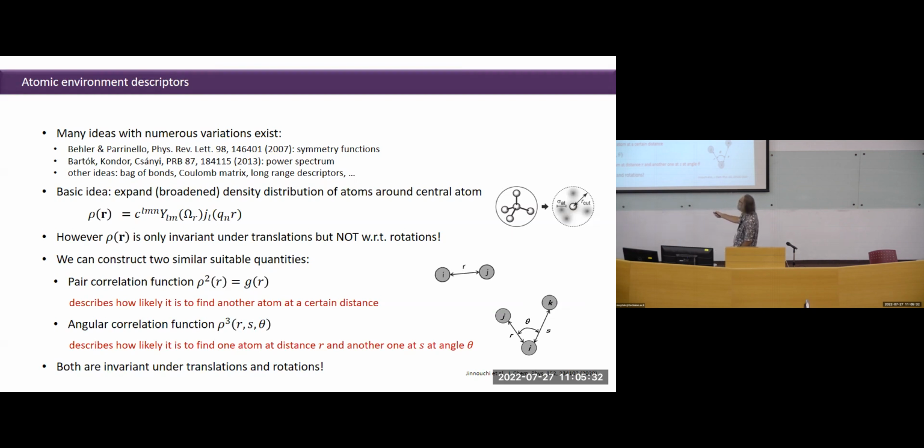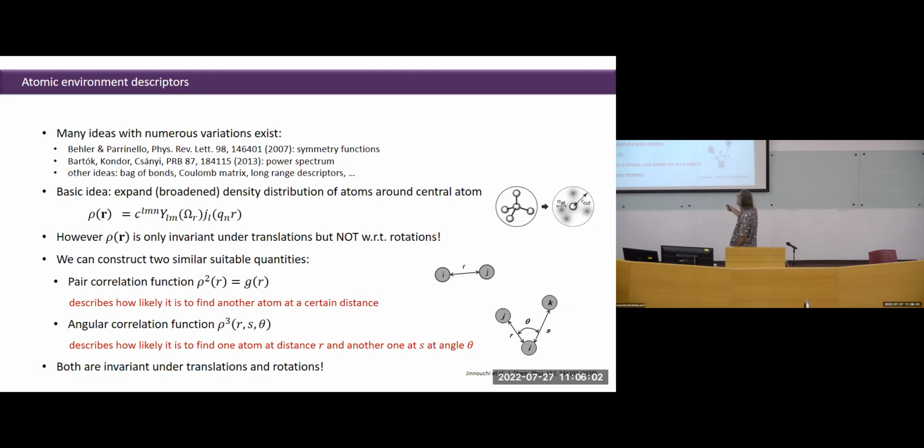We said we want both of these invariances, but we can construct suitable quantities out of this particular expansion by taking the pair correlation function. So we'll use a function that tells us how many other atoms there are around atom I at a certain distance r.